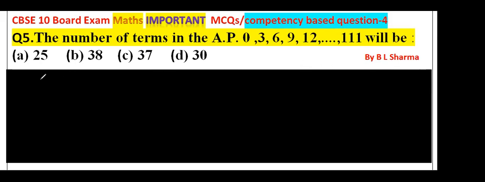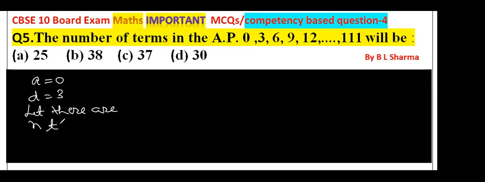See, here a, meaning the first term, is 0. Common difference is 3. And let there be n terms. And we know the formula a plus n minus 1 into d is an.